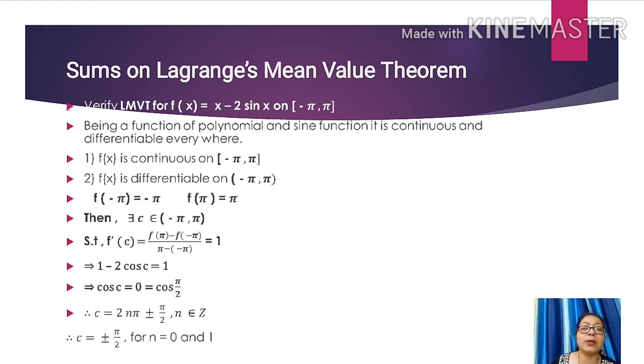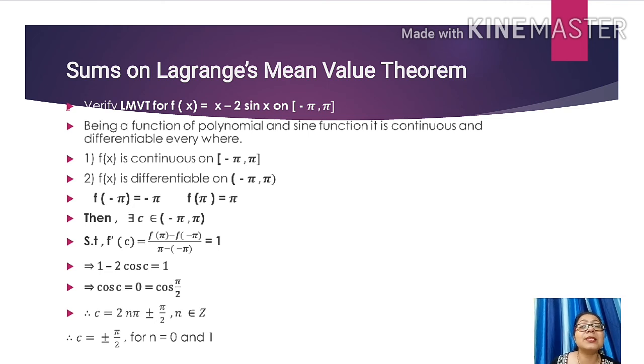So solving the equation, we can write c is equal to 2n pi plus minus pi by 2 for n belonging to Z. Now if n is 0, then c is only plus minus pi by 2, which belongs to the interval (minus pi, pi).